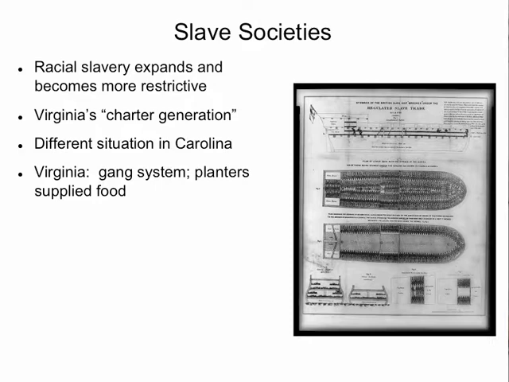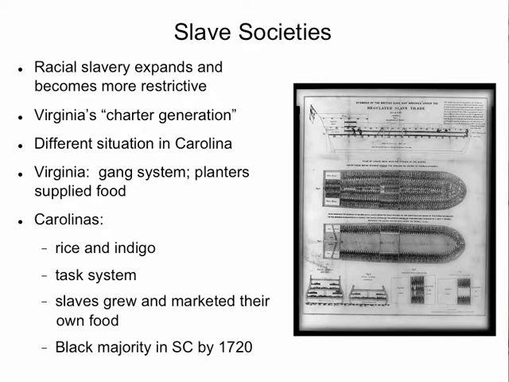A lot of these have become great delicacies in African American cuisine right down till today. But it springs from the fact that the slaves were getting essentially the cast-off food that the white settlers did not want. But it was given to them. They didn't have to worry about providing their own food.